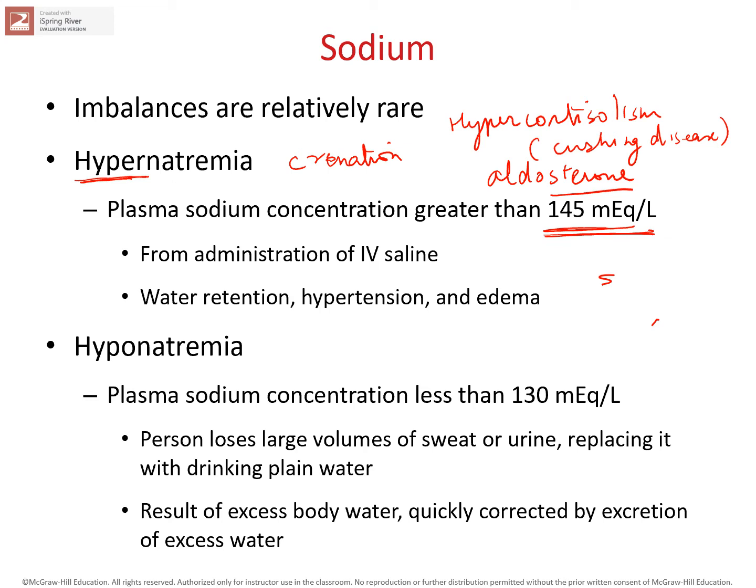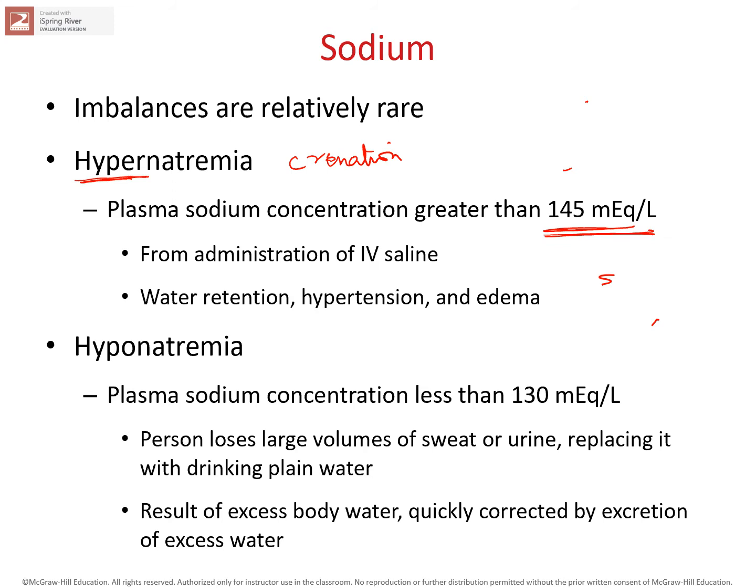Some other reasons why a person can have hypernatremia is when they have increased intake of salty food, or if you provide wrong saline solution. So in learning osmosis, if you talked about the importance of hypertonic and hypotonic solution, you would have talked about why they use 0.9% saline in the hospital.